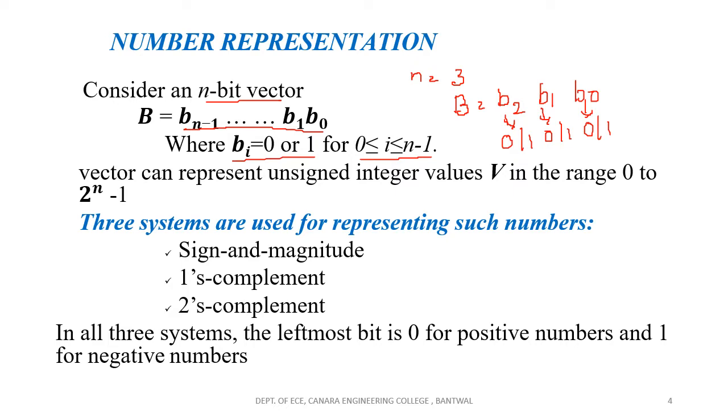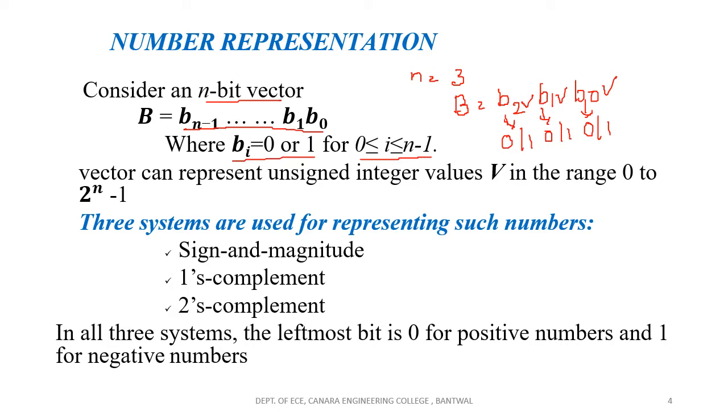For 0 less than or equal to i less than or equal to n minus 1, here n is 3, so the value of i can be 0, 1 and 2.